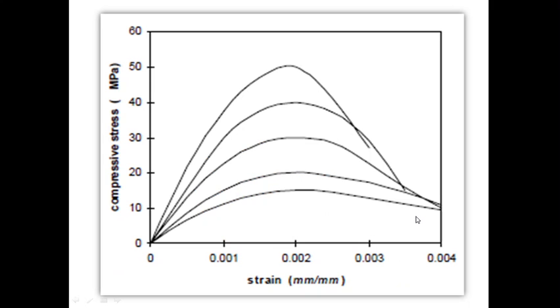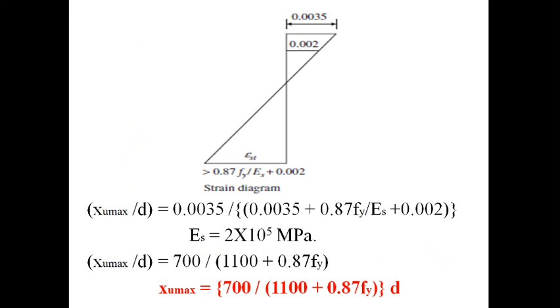Now let us have a look once again at the stress strain curves. Though IS code assumes that the failure strain is 0.0035 for all grades of concrete, because if you look at this equation, it is independent of grade of concrete, whether it is M20, M60, M100 or M120.